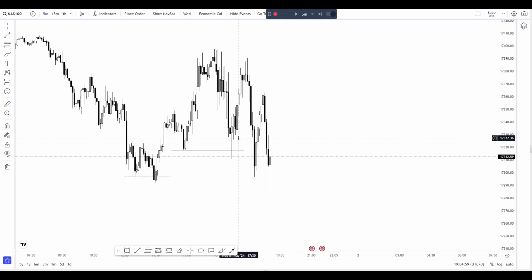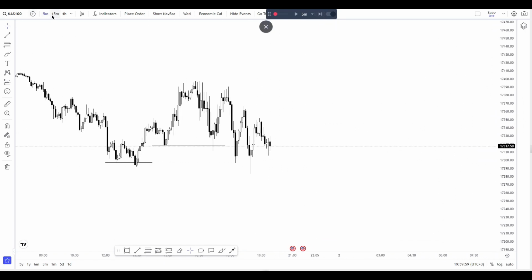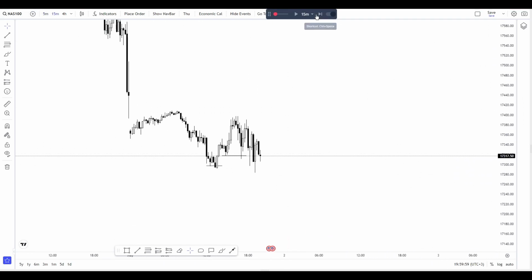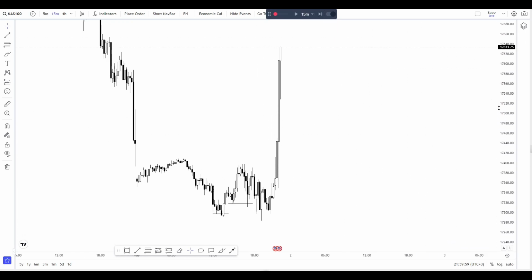Also I closed the chart because there was high impact news in the evening, and I don't trade news, and I don't really see the point in trading when you will have news in a couple of hours. So I closed the chart, and after that price went higher and rebalanced both fair value gaps that I showed you in the beginning.